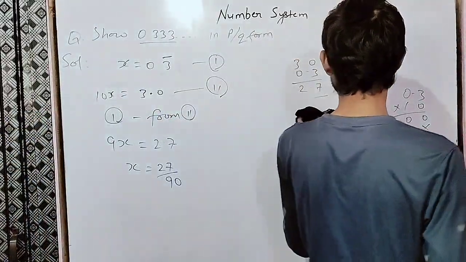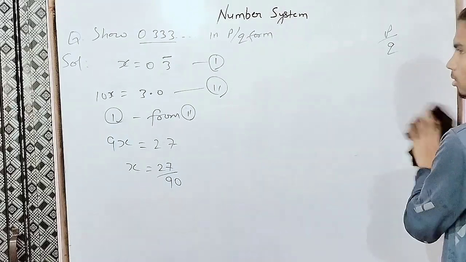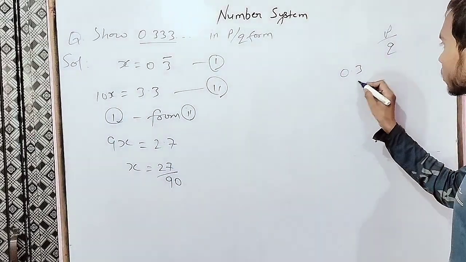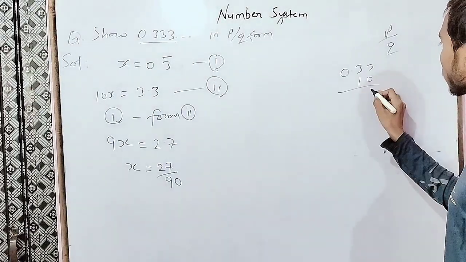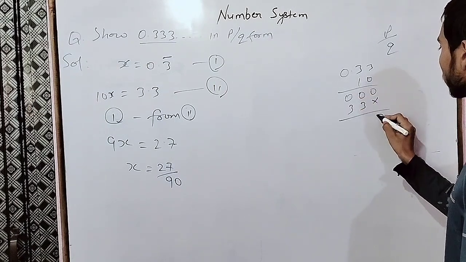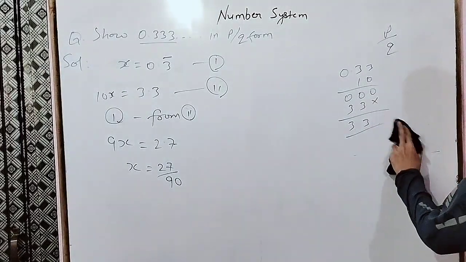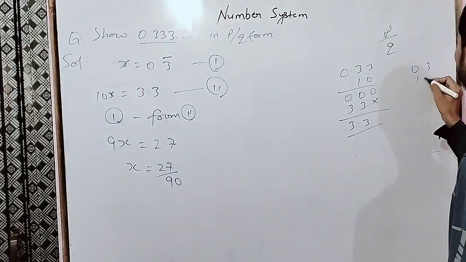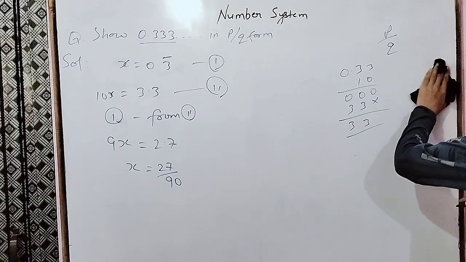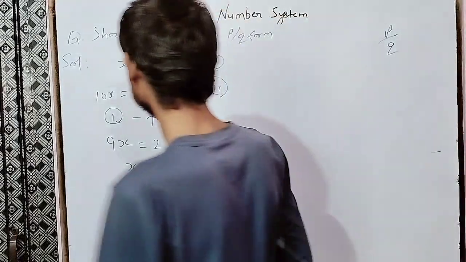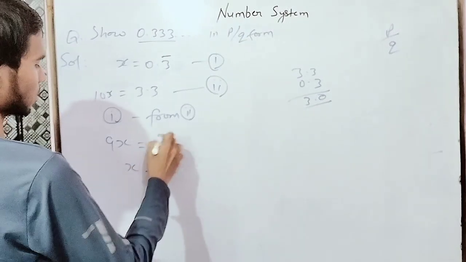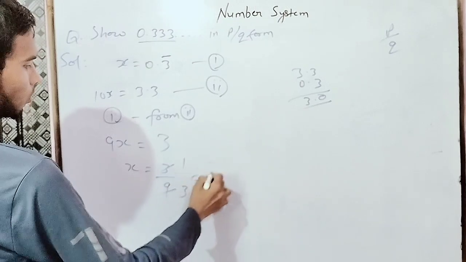No, this is incorrect. Here 0.3 multiplied by 10 gives 3. So it will be 3, and then it will become 1 by 3.